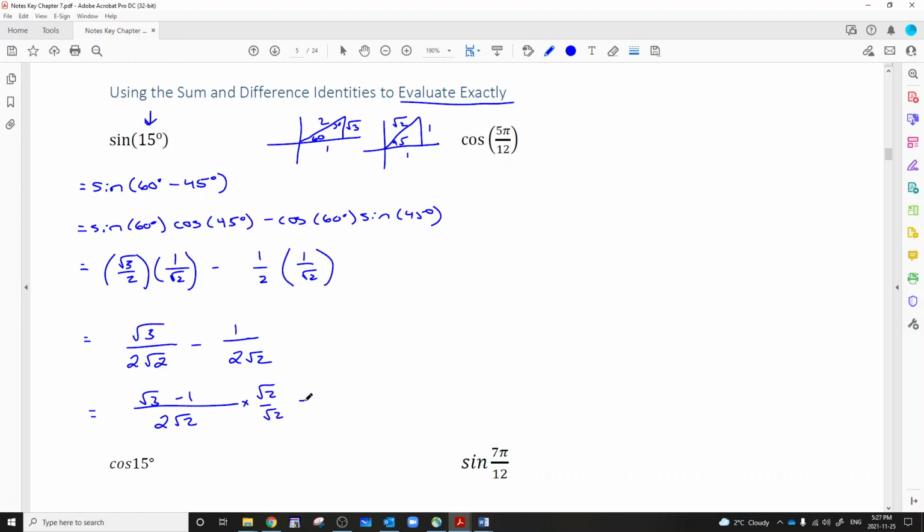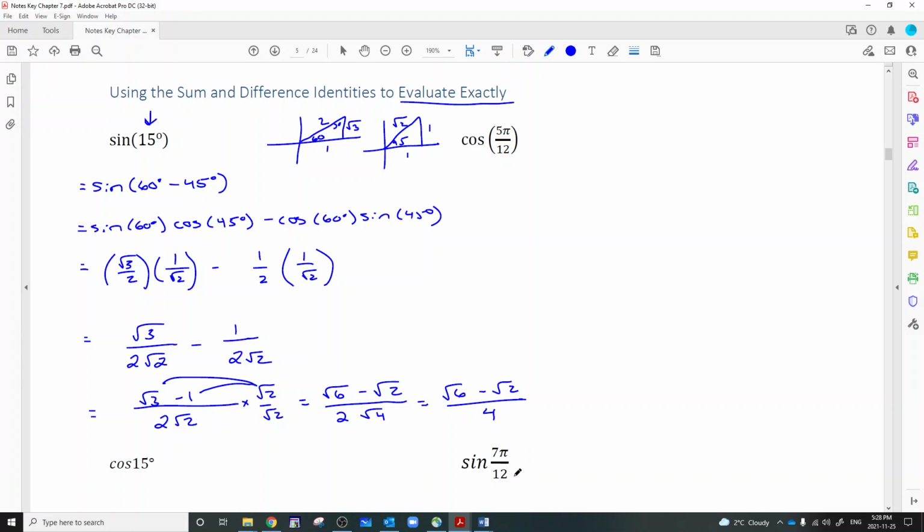So I'm going to multiply by the radical in the denominator. You're going to distribute that root 2. You would end up with root 6 minus root 2 all over 2 times root 4, which would simplify to root 6 minus root 2 all over 2 times 2, which is 4. And thankfully, that is done.